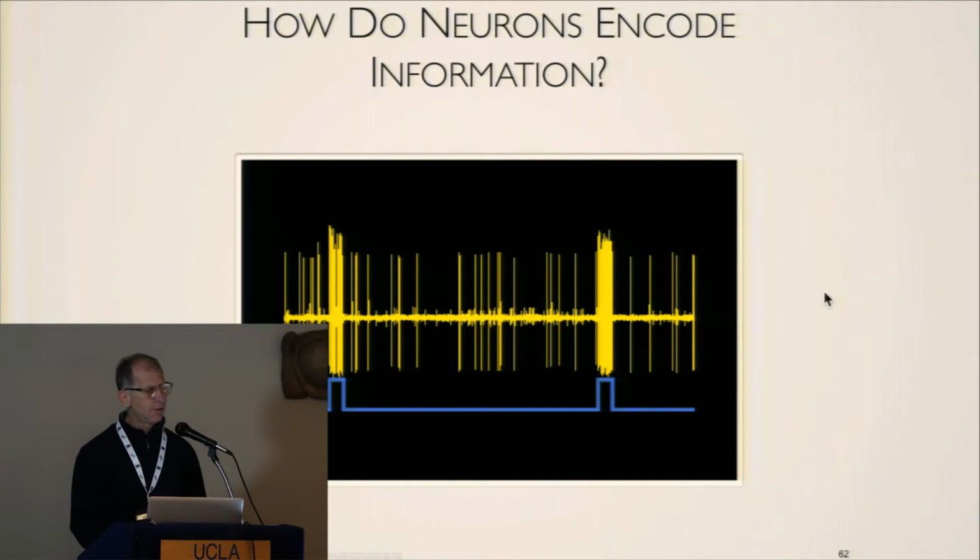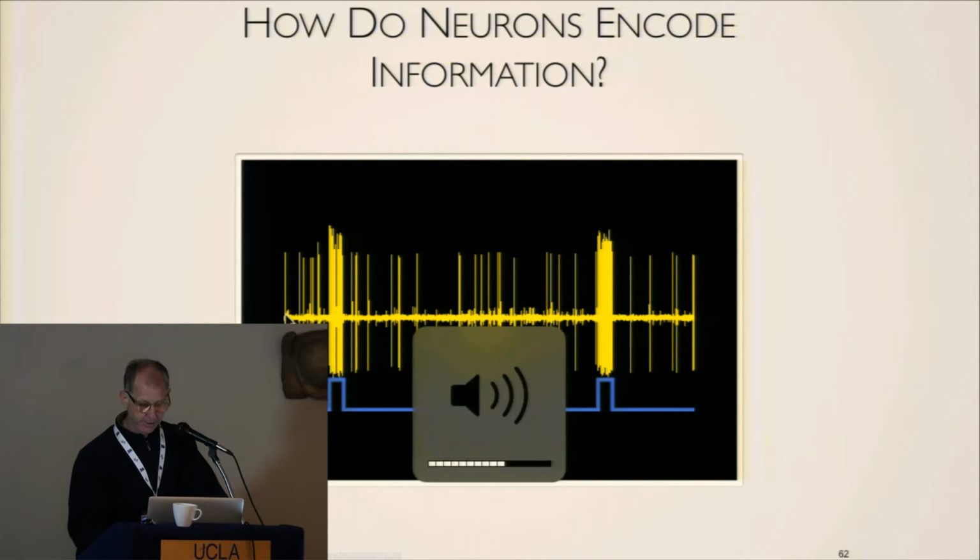How do neurons encode information since all of these action potentials are stereotyped? Well, this is an oscilloscope recording of a neuron, and during the time shown here in blue, it's receiving input. In this particular case, this is a visual system neuron, and the light is being turned on, and each of these vertical bars represents an action potential.